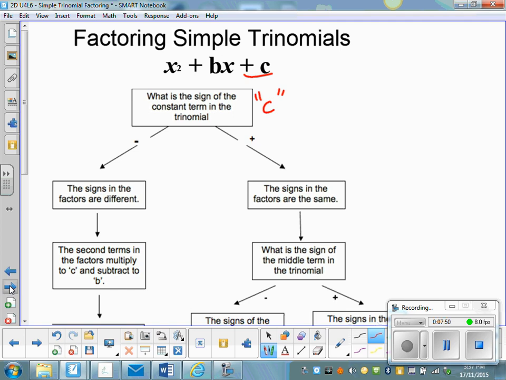Because if it's positive, then we know that the signs and the factors are going to be the same. If C is a negative value, then we know the signs and the factors are different. So we're going to use that to help us out on the next page to actually try and factor some trinomials.